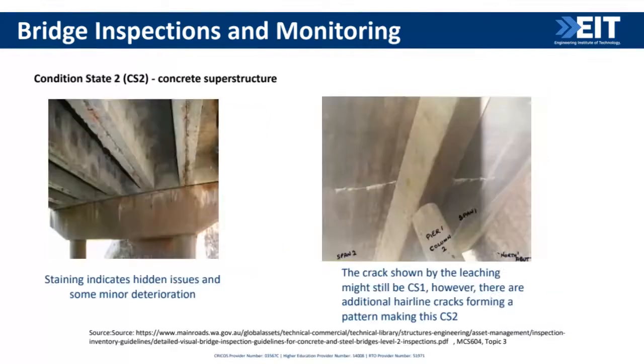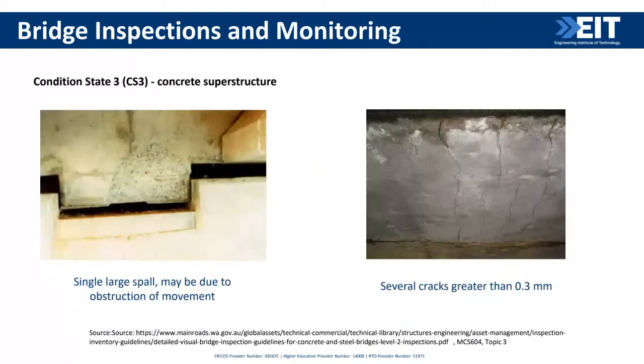But then when you progress, we can move to condition state 2, and you can see there are some issues, still some deterioration that the crack shows. Now, if you compare condition 1 with condition 2, it's more severe, right? And so on. Condition number 3, it's when you can identify easily the spalling, some obstruction of movement, and several macro cracks we can visualize easily.